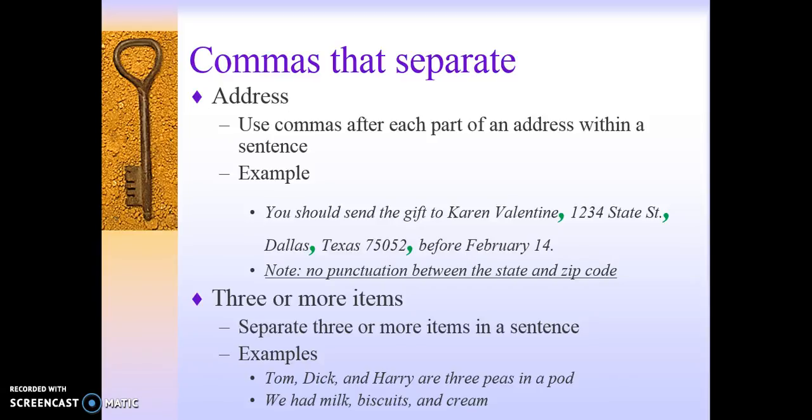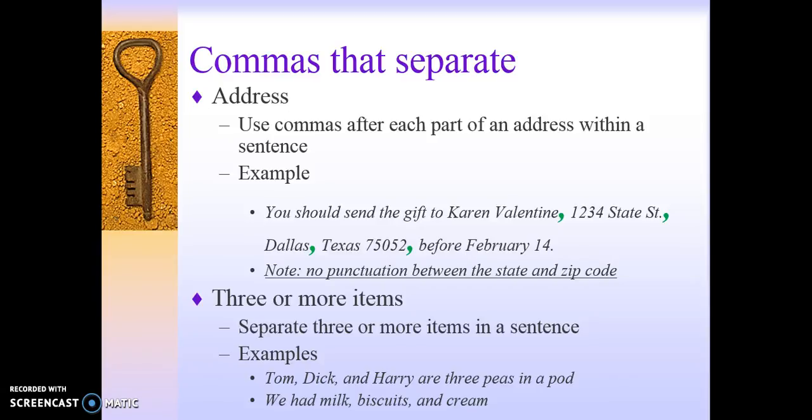Let's look at the address, and we're dealing with commas that separate. You can use commas after each part of an address within the sentence. So you should send the gift to Karen Valentine, 1234 State Street, Dallas, Texas 75052, before February 14.